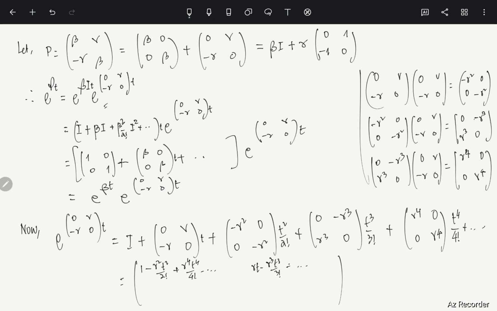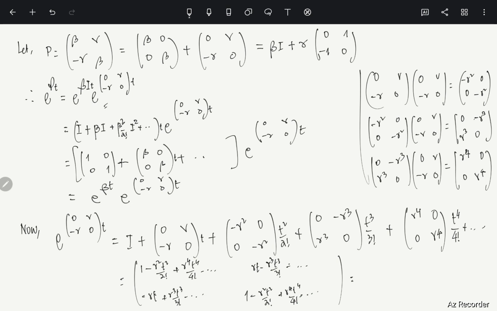The 2 1 term is minus gamma t, plus gamma cube t cube by 3 factorial, minus, it goes on like this. And the 2 2 term is 1 minus gamma square t square by 2 factorial plus gamma to the power 4 t to the power 4 by 4 factorial, and it goes on like this.